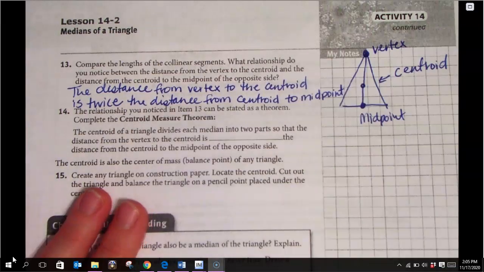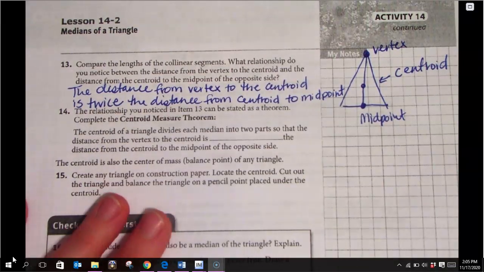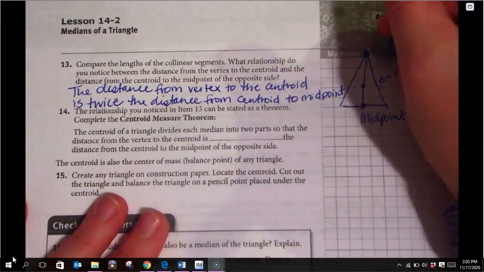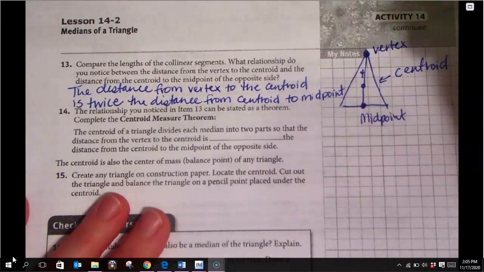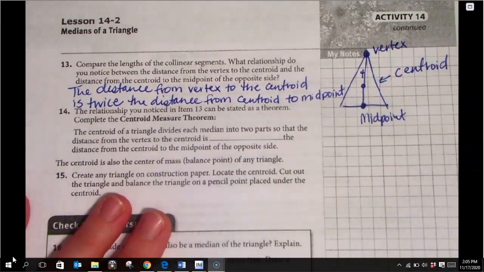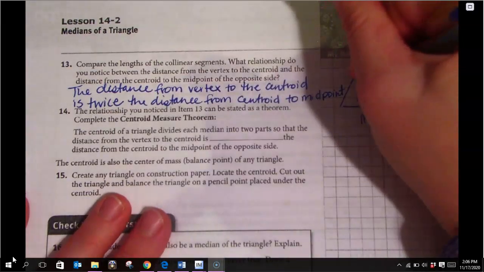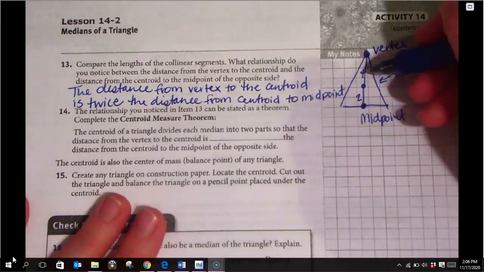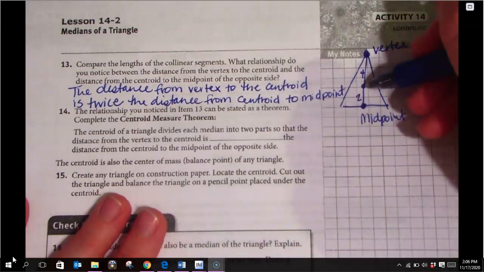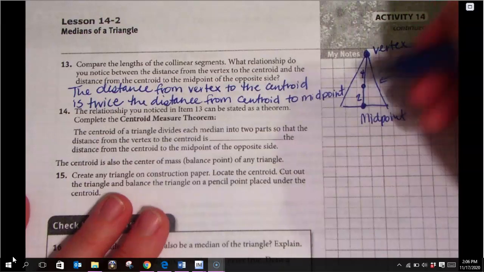So for example, if I tell you that the distance from the vertex to the centroid is 4 units, then what would the distance be from the centroid to the midpoint? It would be 2, half of that, because this is twice as long. From the vertex to the centroid is twice as long as this distance.